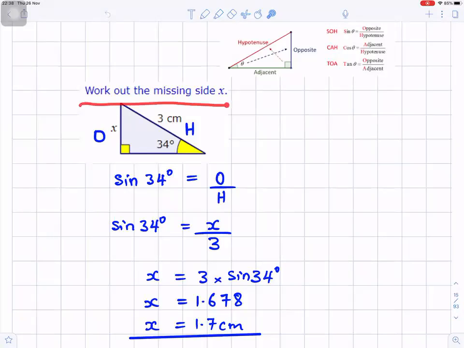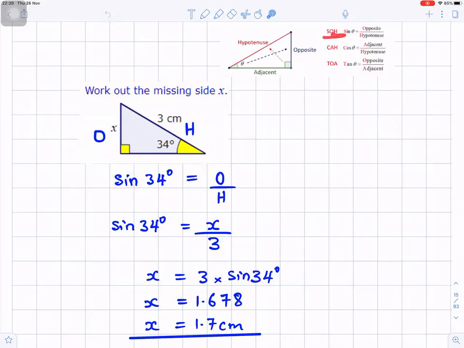Work out the missing side, x. When you want to work out the missing side for this triangle, you need to use the trigonometric ratio. So we know the angle is 34 degrees, opposite is x, hypotenuse is 3. Which trigonometric ratio has O and H?